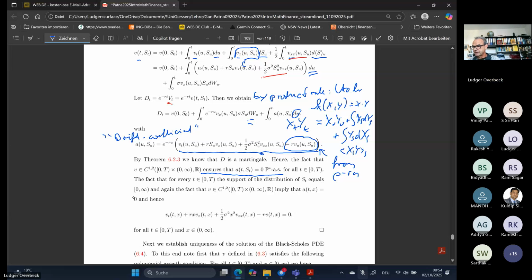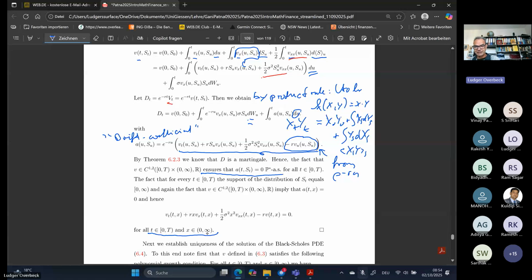ST support is R plus, and V in C1,2 implies that this must hold actually for all t, x. So we still have the mathematical step from P star almost surely to all t, x.